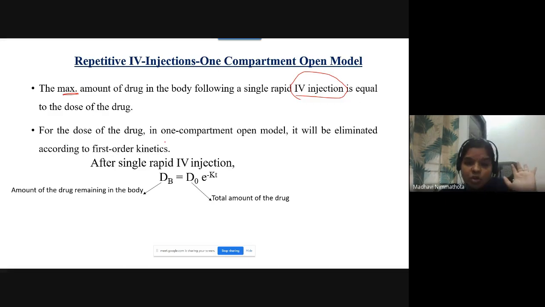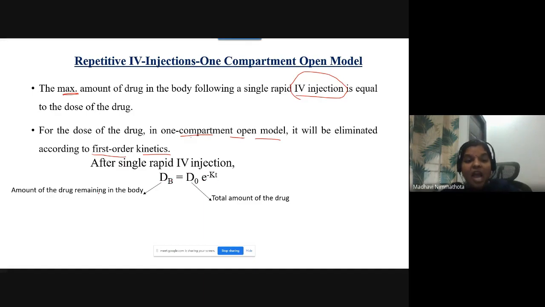Here I am not talking about IV bolus or IV infusion, just about IV injection. For the dose of the drug following a one compartment open model, it is eliminated through first order kinetics. Then after a single rapid IV injection, your equation will be dB equals D0 into e to the power of minus kt.